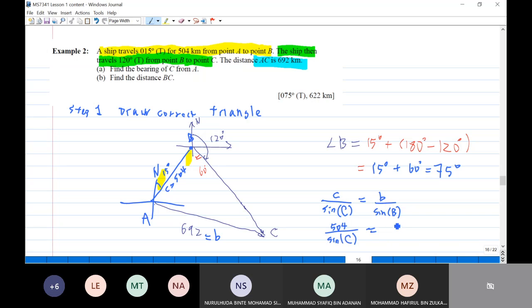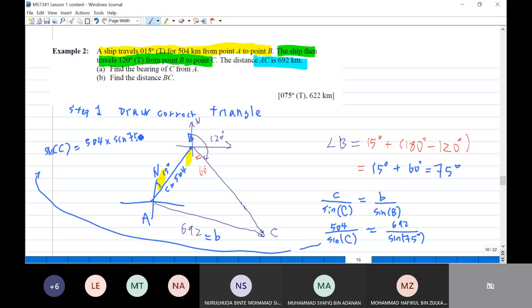Then B is 692. Angle B is 75. So we rearrange them, you get eventually the angle C. So sine C is equal to 504 times sine 75 over 692.